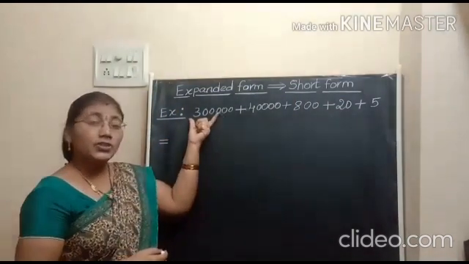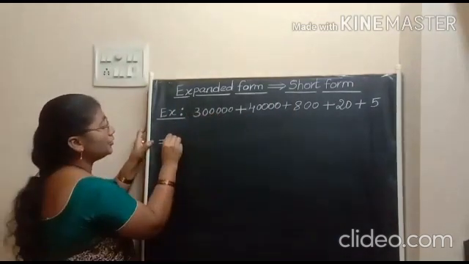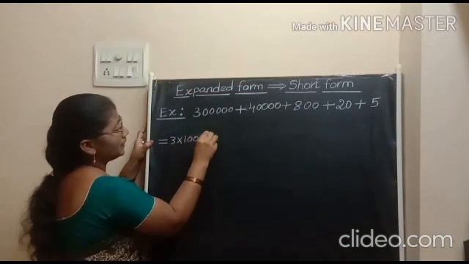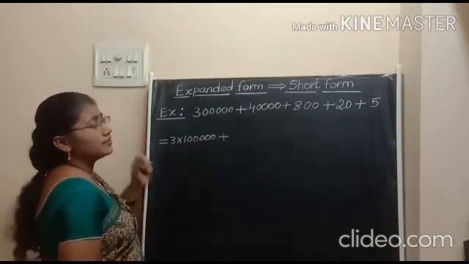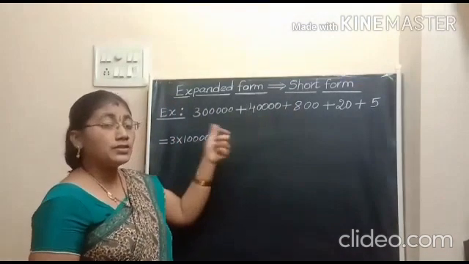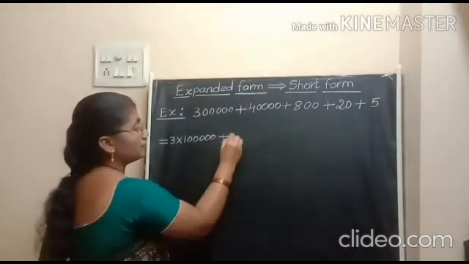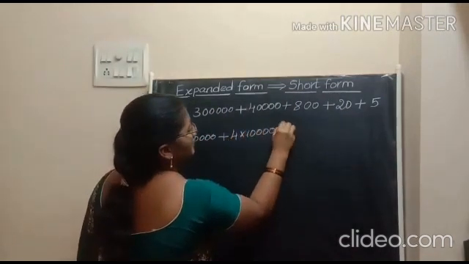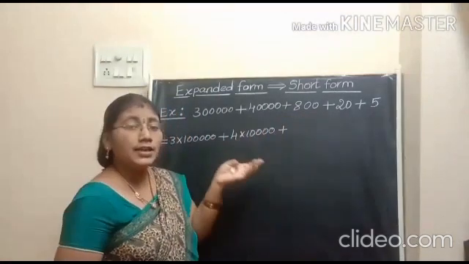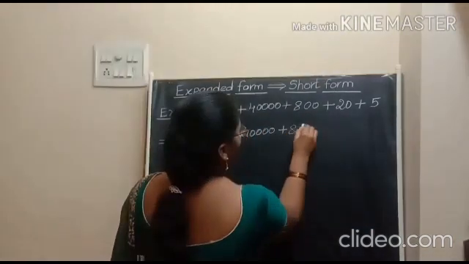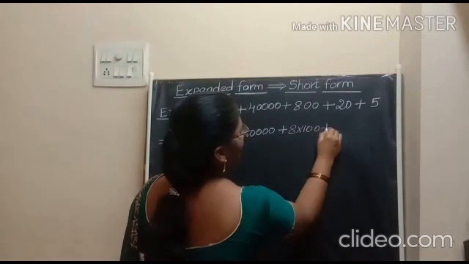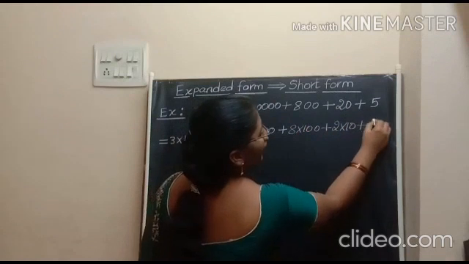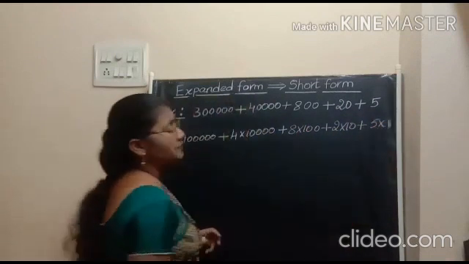We can write 3 lakhs as 3 into 1 lakh, plus 40,000 as 4 into 10,000, plus 800 as 8 into 100, plus 20 as 2 into 10, plus 5 as 5 into 1.